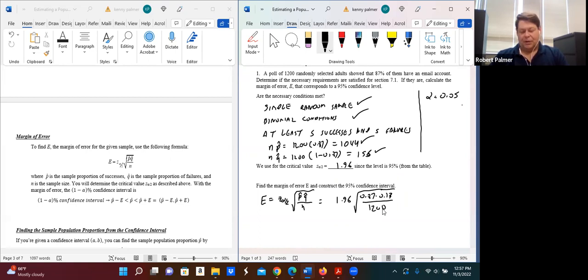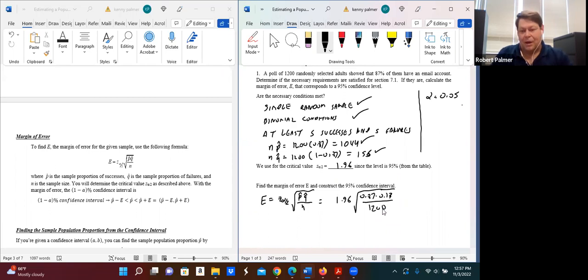All right, so let's put all that together. Give me a moment to type that. So 0.87 times 0.13 divided by 1200, and then the square root of that, and then times 1.96.